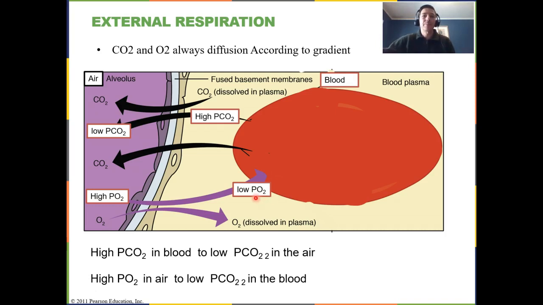I did forget to point out, every time you see that P there, that refers to partial pressure. So PCO2 is partial pressure due to CO2. PO2 is partial pressure due to oxygen.